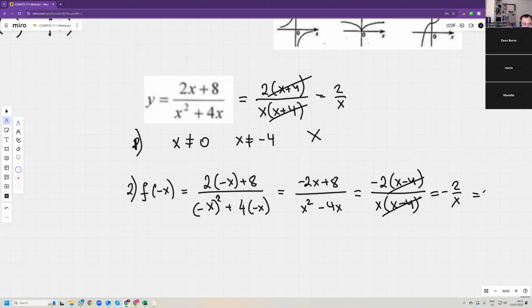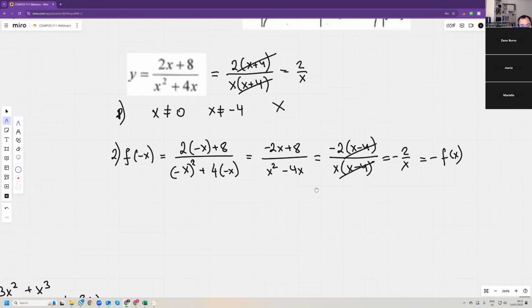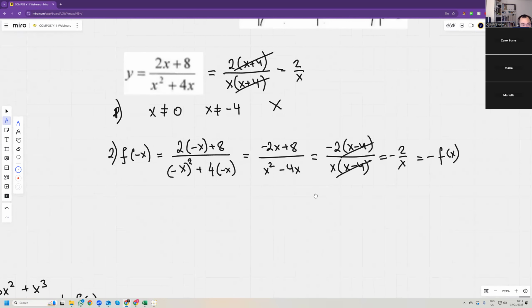So that is equal to minus f of x. So if it weren't for the non-symmetrical domain, this would be an odd function. We can make it odd. To make it odd, we just need to make it exist at -4.